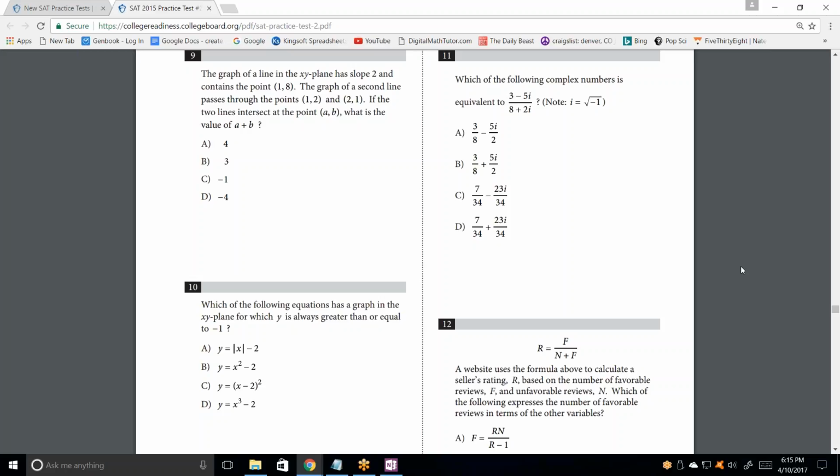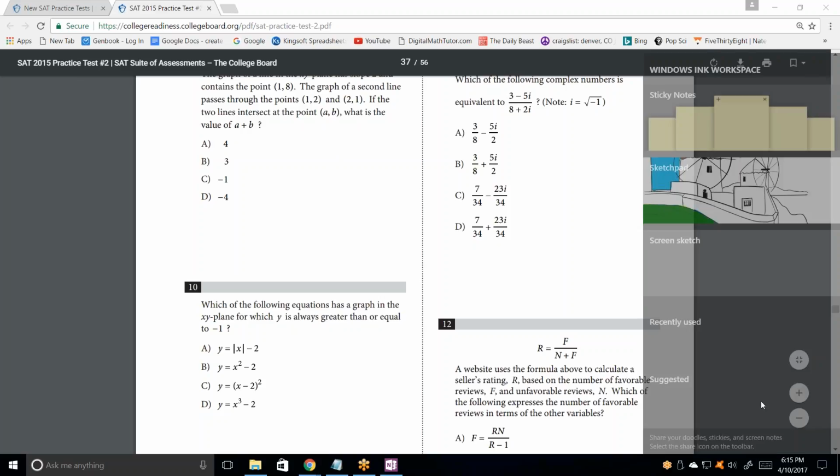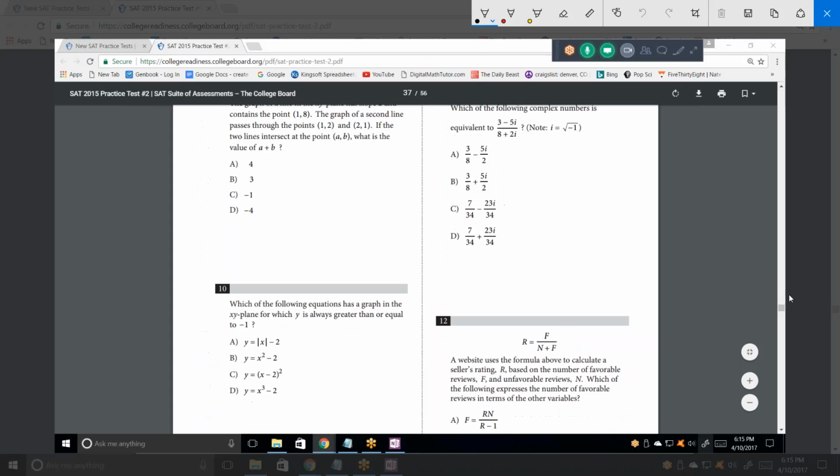I think it's extremely helpful to have a picture here. Just to see what's going on. In other words, what was the slope?